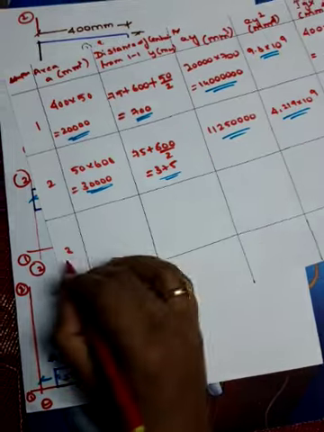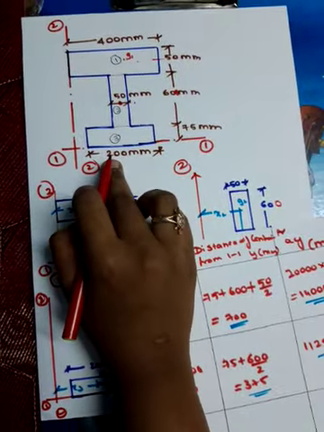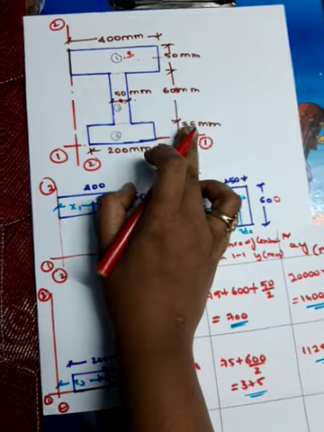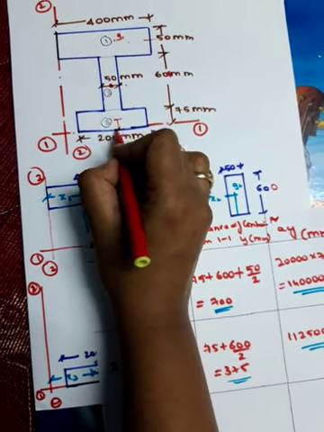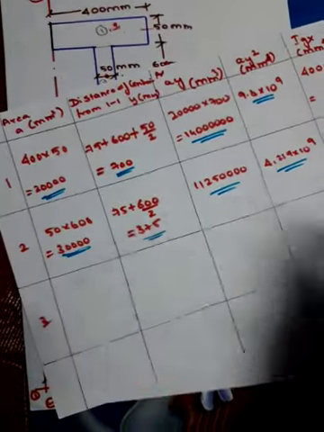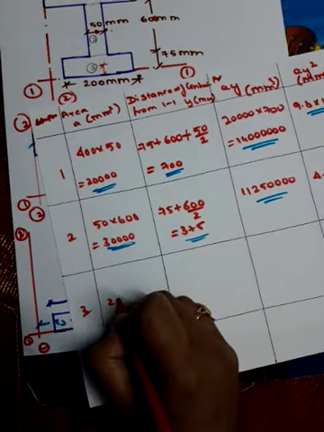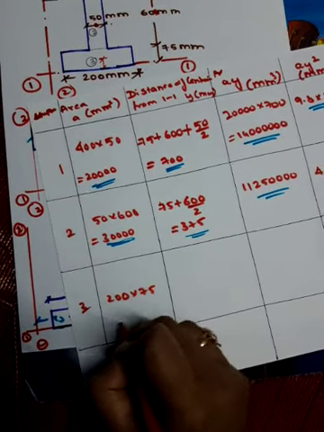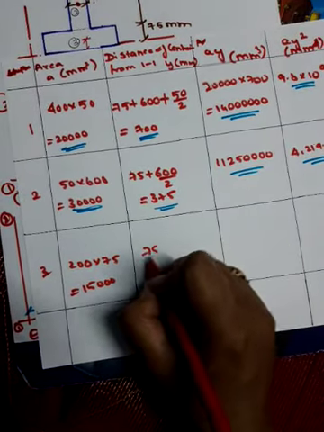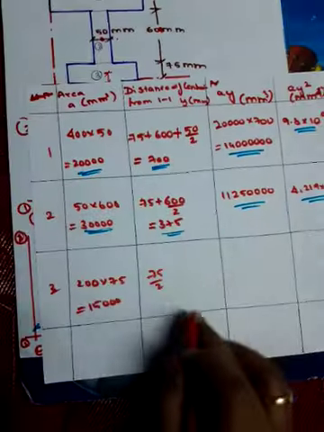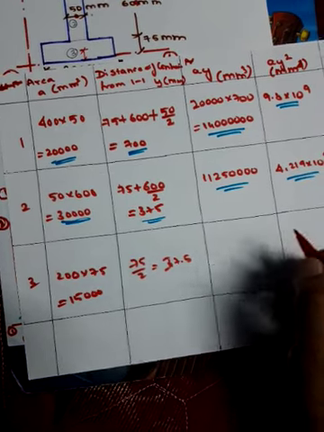Then the third is this one, that is the last one. So area would be 200 by 75, and your centroid would be somewhere here, so it would be 75 by 2, because from the bottom we are calculating. So what is the area? It is 200 by 75, then 75 by 2, because from the bottom only it is there, so it is 37.5.